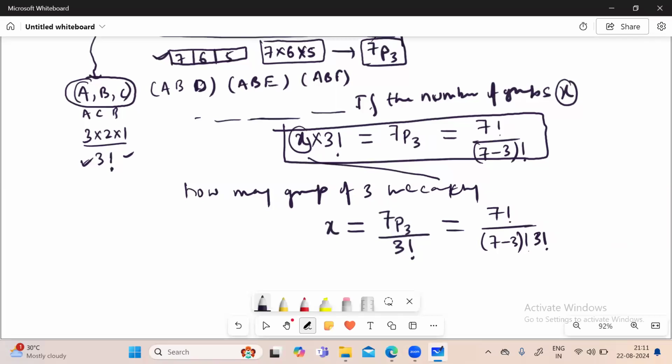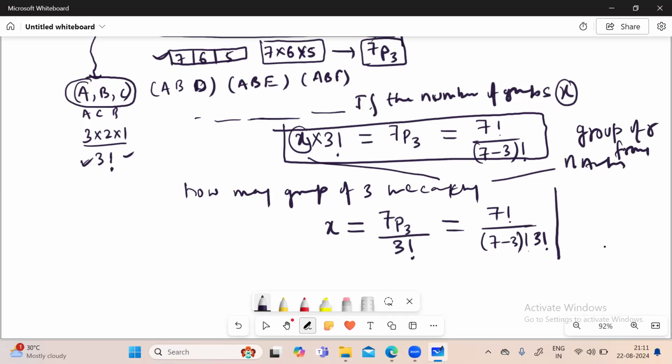And then again, we can generalize this if the question is for n and r. Group of r from n articles.